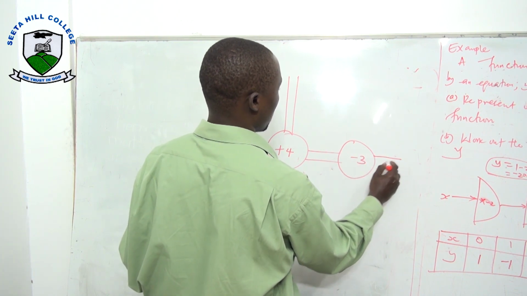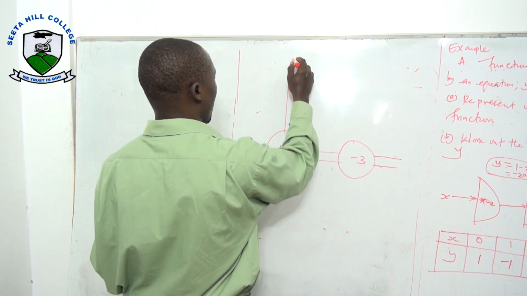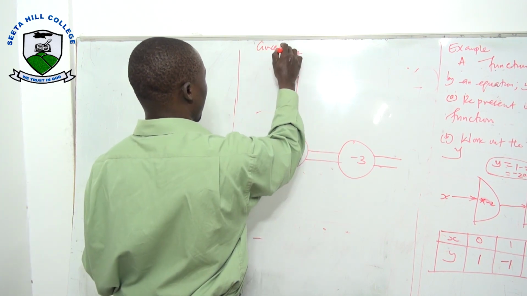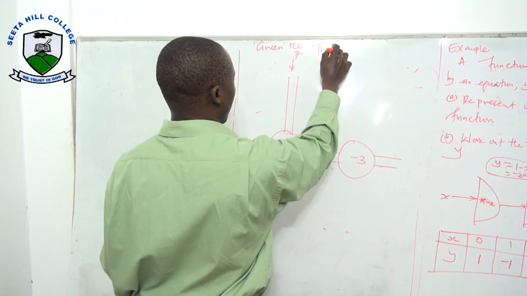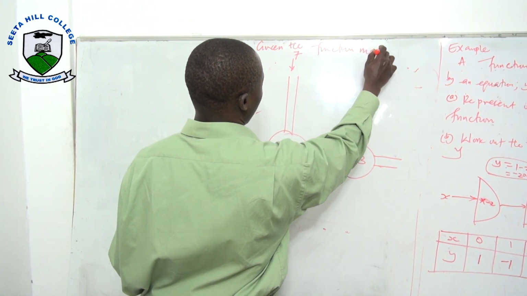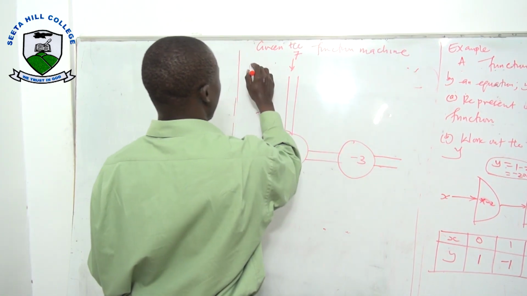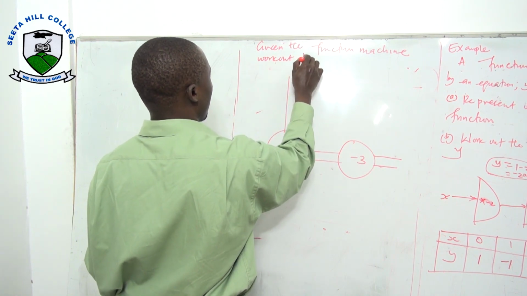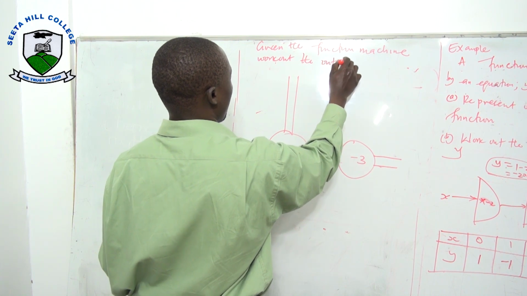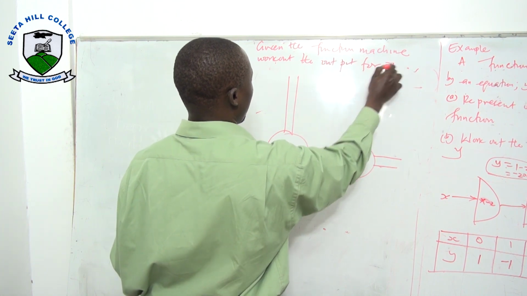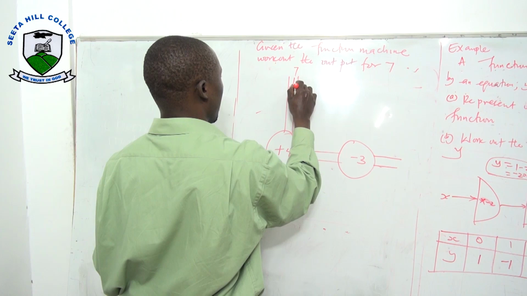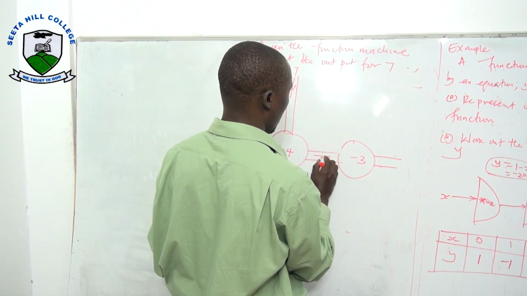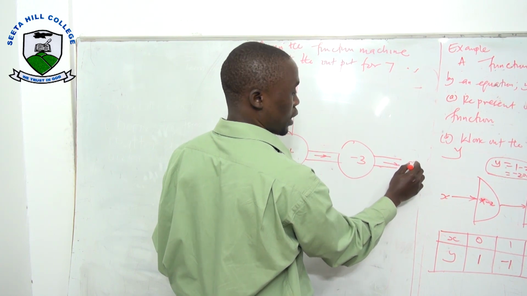What is the output here? If you fed in a 7, the function machine, work out the output for 7. 7 is entered there. Here you produce 8. Yes.